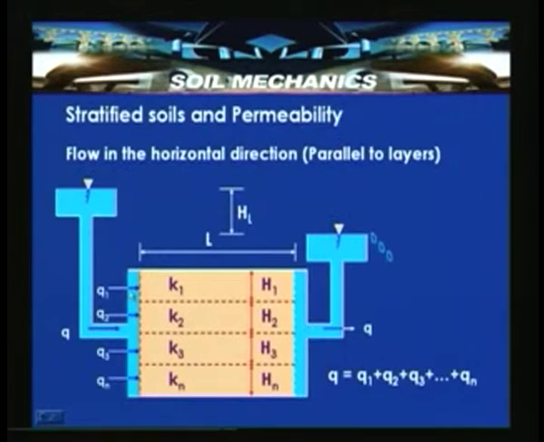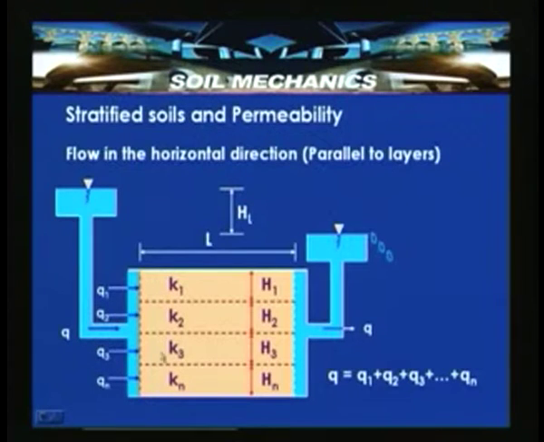Though we have n layers, the flow entering the soil is Q, which is divided into Q1, Q2, Q3, Q4 to Qn. Q1 is the rate of flow through the first layer, Q2 through the second layer, and Qn through the nth layer.